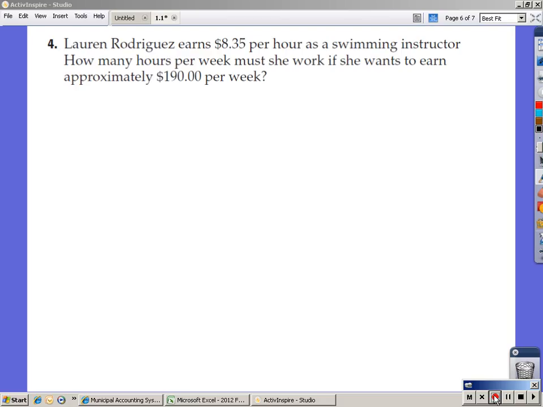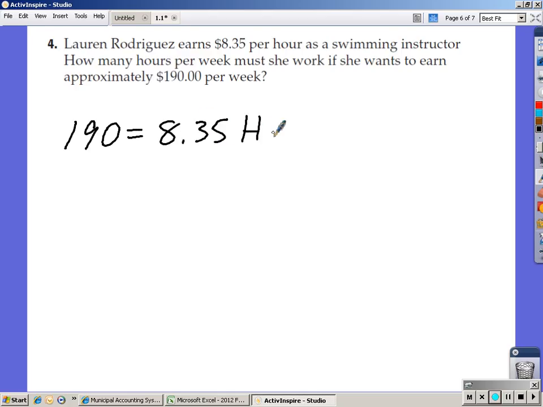Okay, we're back. Let's work this. Again, you have to round it to the nearest quarter of an hour. They want to make approximately $190. They make $8.35 an hour. You want to find the number of hours they must work. Divide both sides by $8.35.